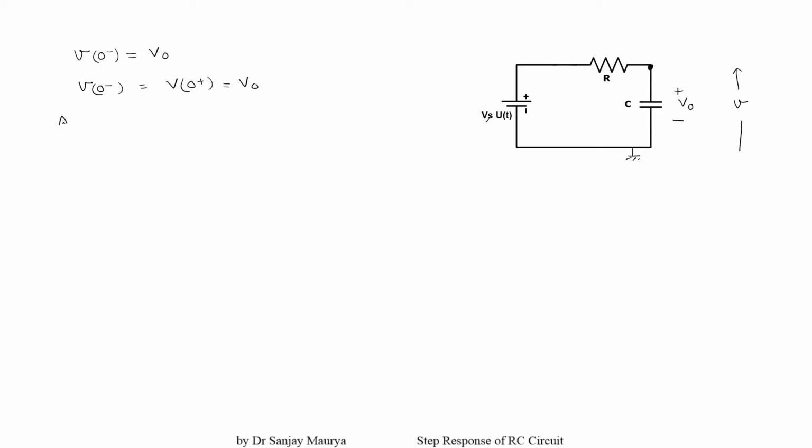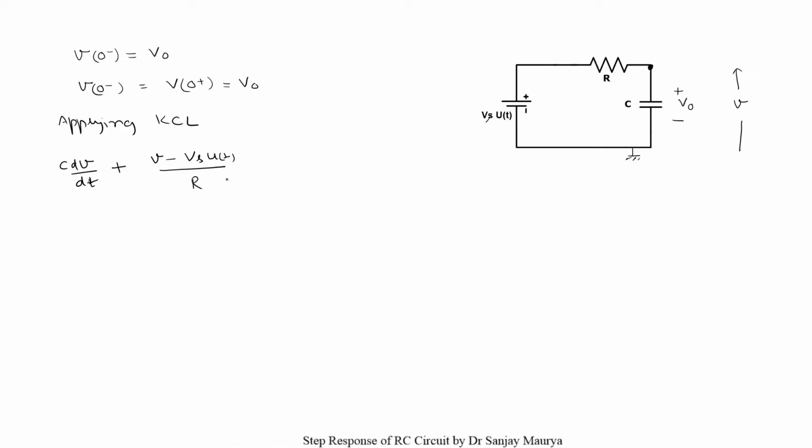Applying KCL, I can write the outgoing current from the node is equal to C dV/dt plus (V minus Vs u(t)) by R is equal to 0.